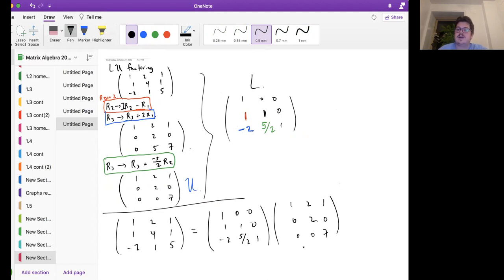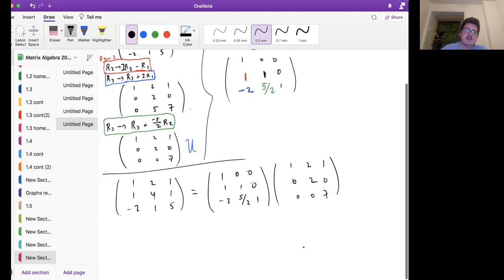So that is an LU factorization. All right. So any questions on that? Okay, so that's my recommendation. Only use type 3s, and that will get you through LU factoring pretty easily.